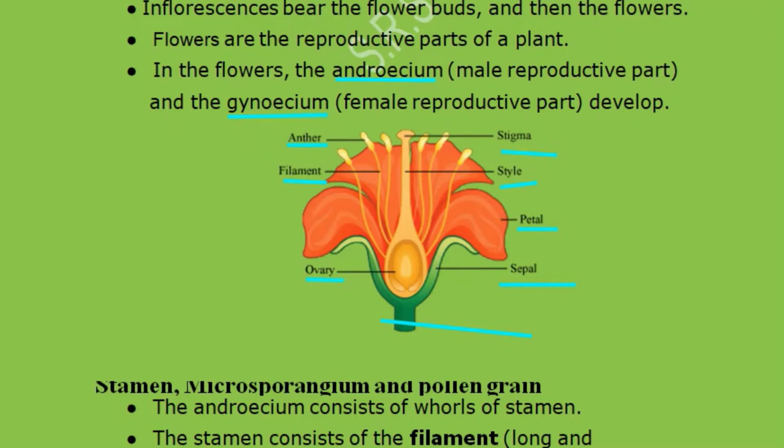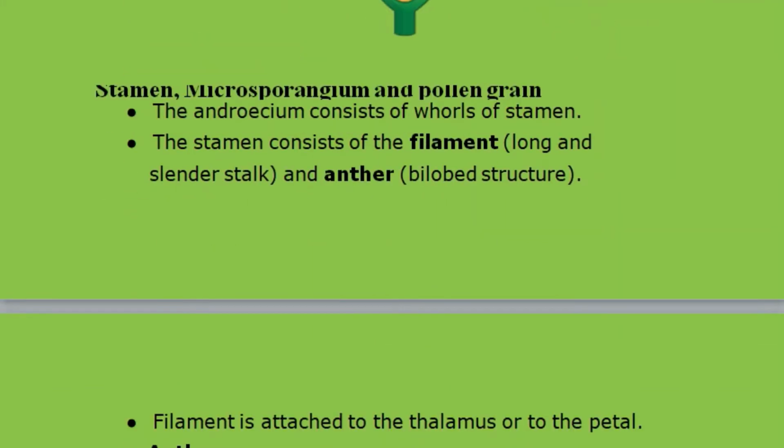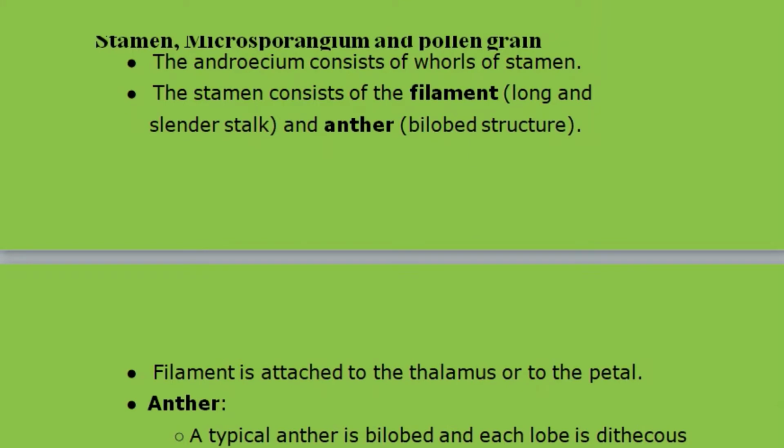So this is about the meaning of all these terms. Next, we can see the next part of this video, that is structure of stamen, microsporangium and pollen grain. These are very important because you will get a similar term for this microsporangium and for this pollen grain.